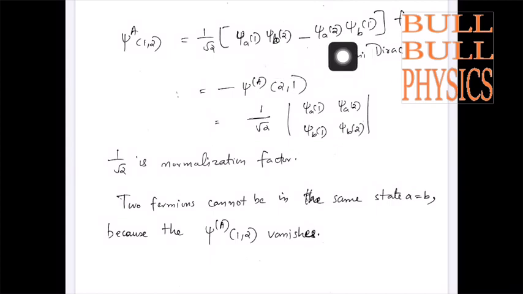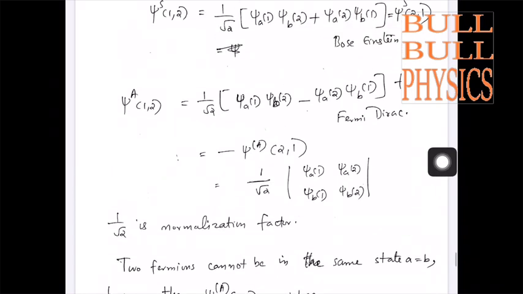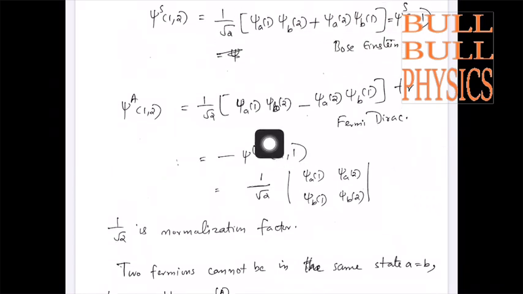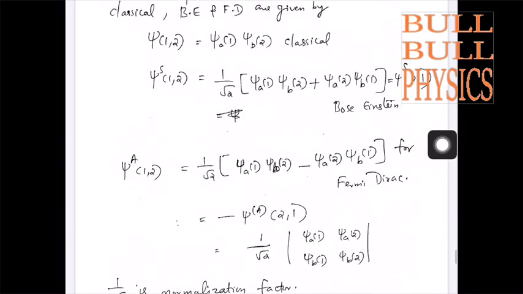This also will be psi a2 psi a1, so this will be 0. So if the two particles are in the same state, the antisymmetric wave function will be 0. But no such problem arises in the Bose-Einstein case, the symmetric wave function.